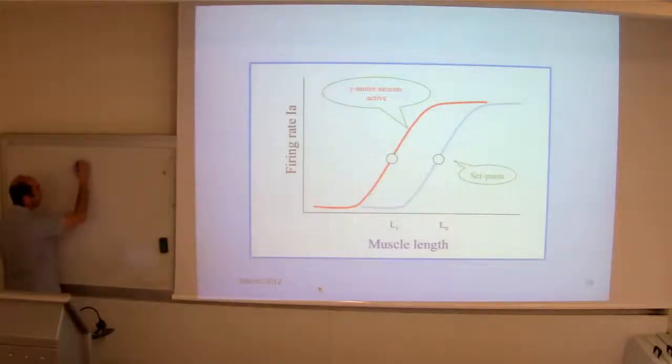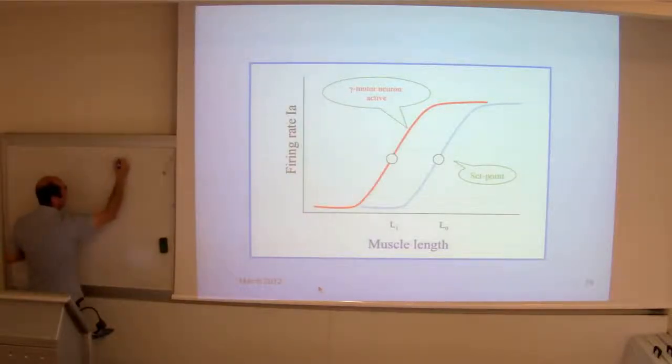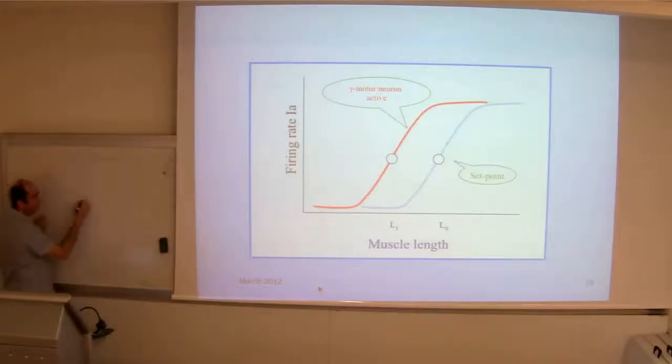Suppose you have a photoreceptor. So what does a photoreceptor do? You have a current and you have light. With no light, you don't get any current.